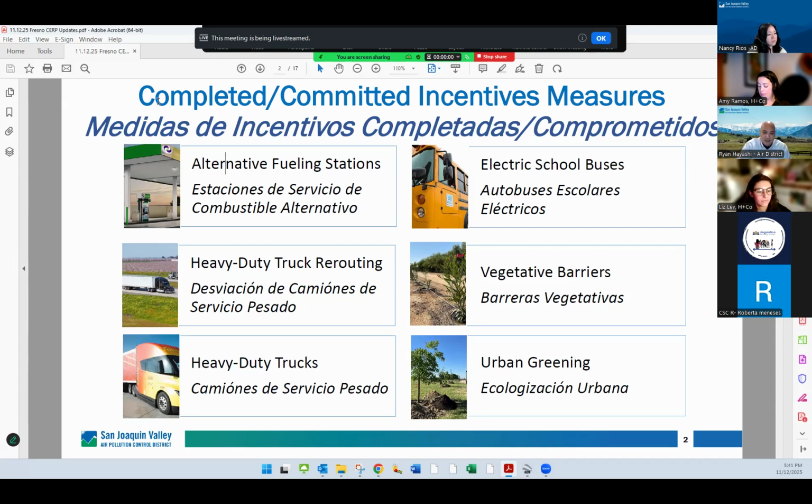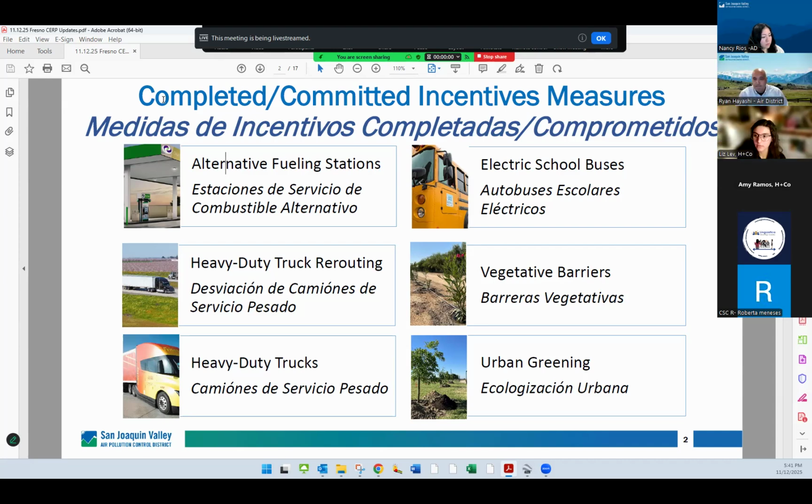When we say that the measures were completed, it's only from a fiscal standpoint. We understand that there's a lot more that goes into that beyond just the dollars and cents, but for this discussion, it's just in regards to the dollars and cents. So for those measures, the funding was allocated or expended in accordance with what was proposed in the South Central Community Emission Reduction Program.